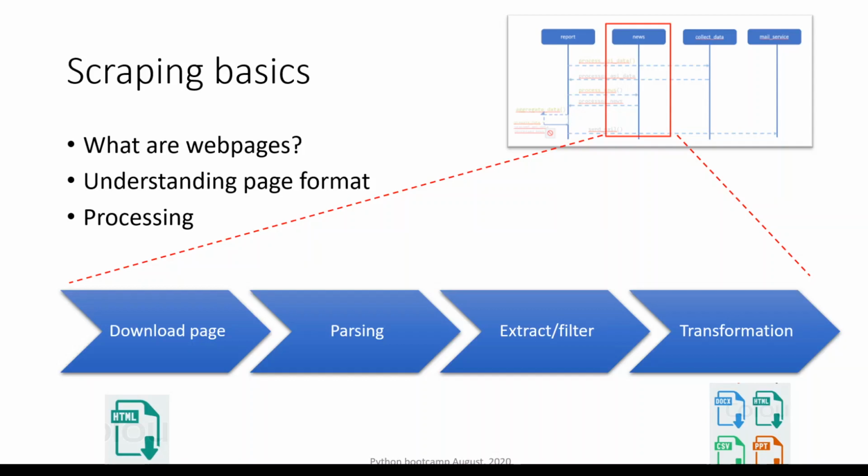Then we go through each of the nodes and try to filter what we require. So in our case, parsing and extraction is done in the same line. That is because the library gives us more control over the parsing, and then we can parse only the things which we require. Okay, so we used a library called Beautiful Soup. It is widely used in parsing HTML, XML, and such structured data.